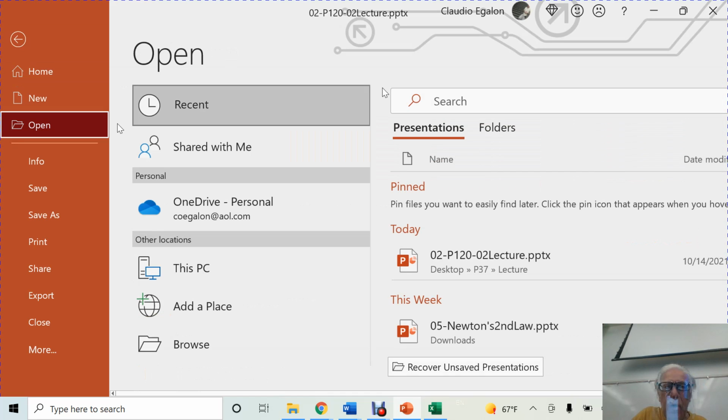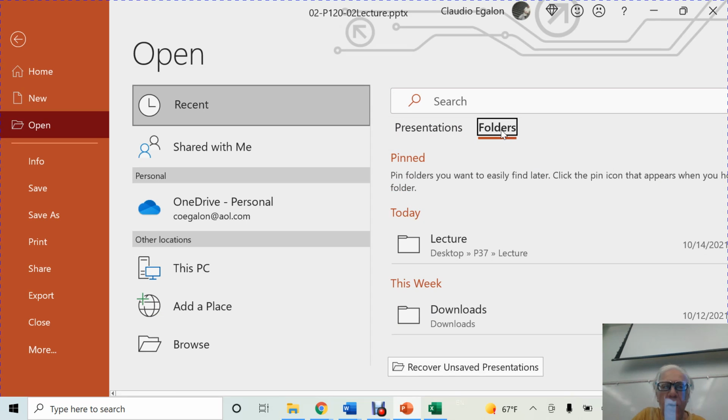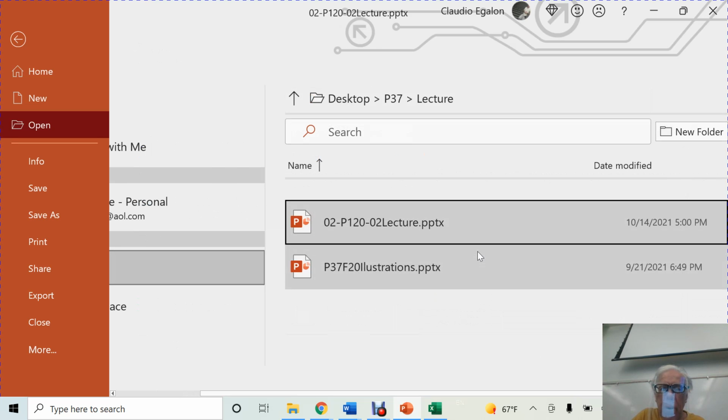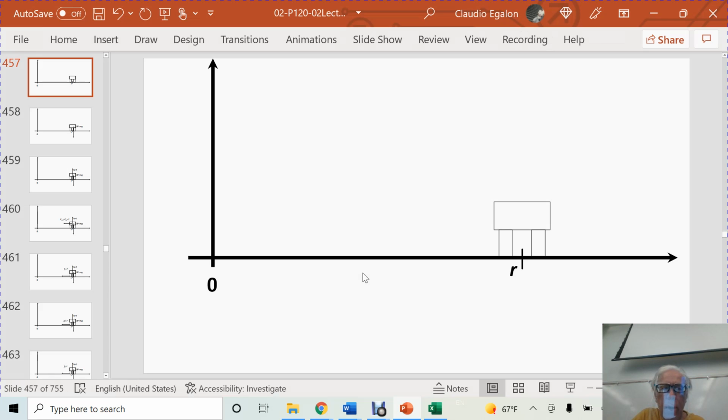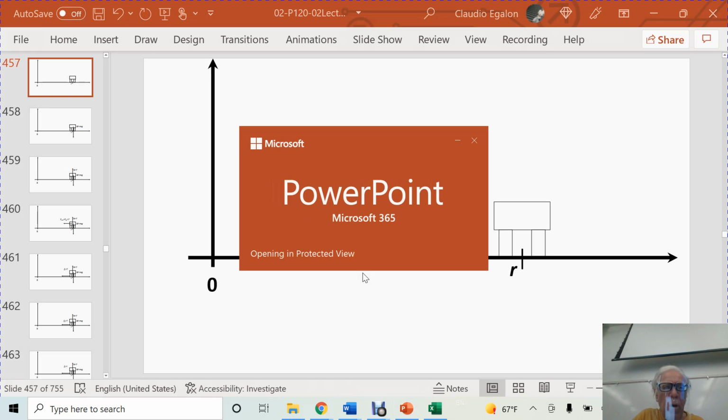Bear with me. Open folders, that's what I want. Lecture. Let's see if it goes. It didn't open there, maybe it's open here. Let's see if the illustration is in there.